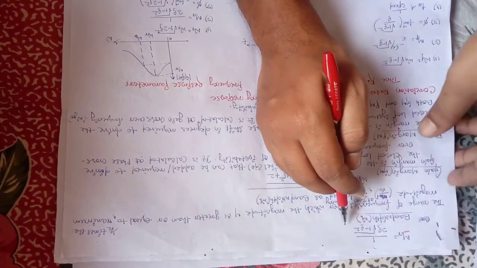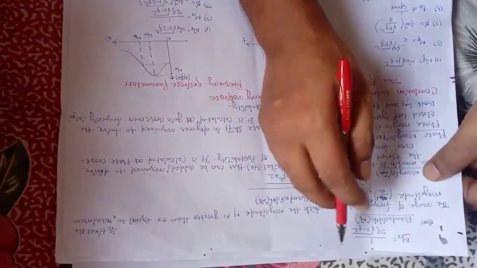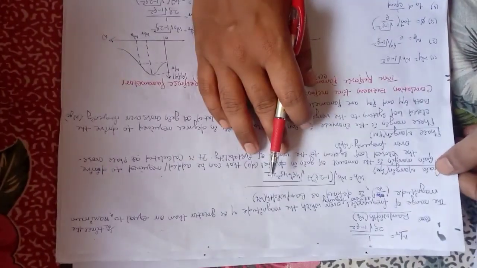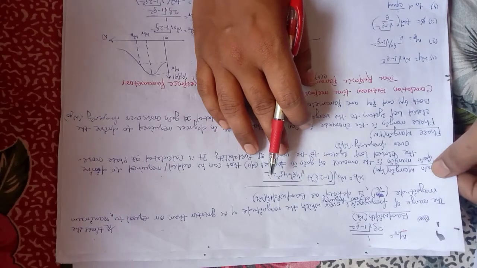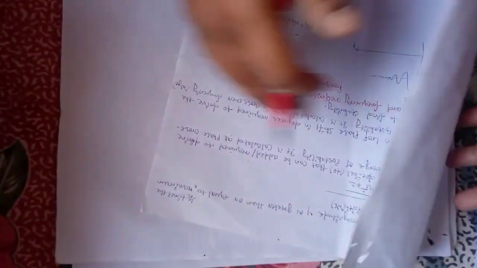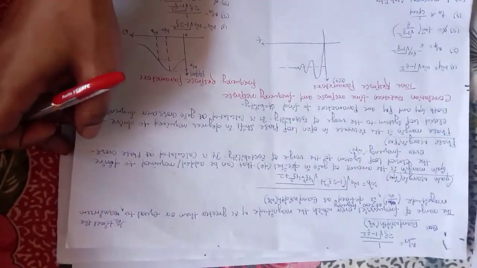Then another term is bandwidth. Bandwidth is a very important term while analyzing a system in the frequency domain. What exactly bandwidth is, we will see from this graph.